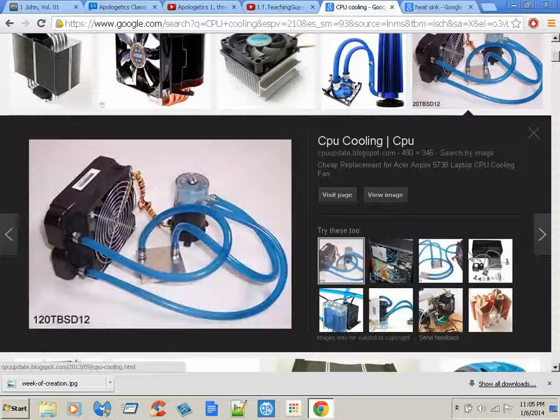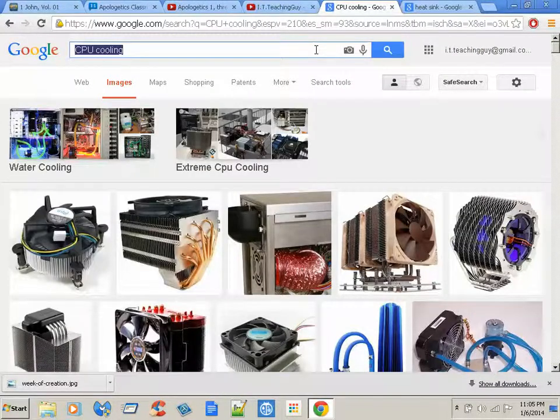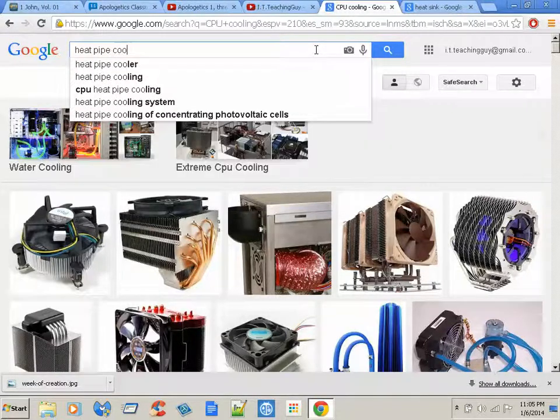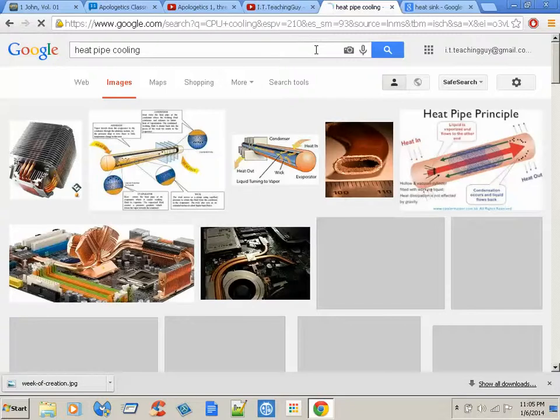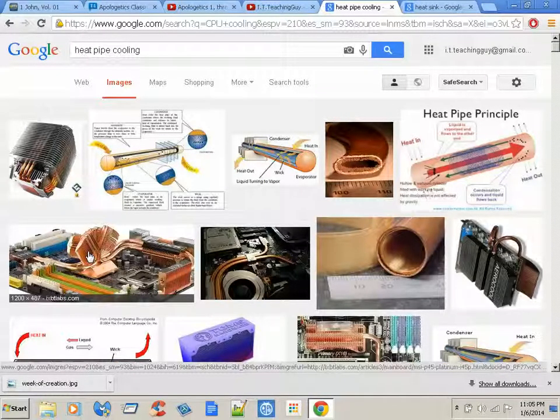Next after that is what's called heat pipe cooling, and let's see if we can find a picture on that first. Heat pipe cooling. So you can kind of see that here on the motherboard.